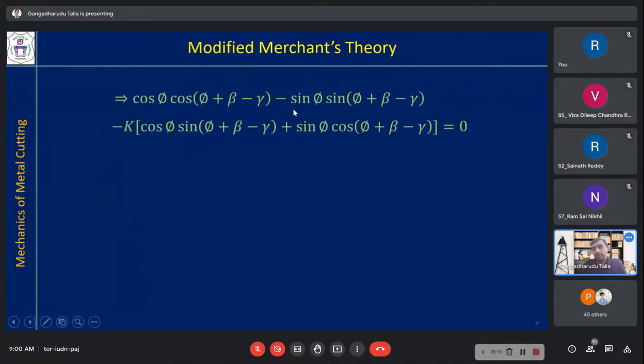Then for this one, it was cos earlier, cos(phi plus beta minus gamma), if you differentiate that, it will become minus sin. So minus has come here. So sin phi this. Differentiation, all of you are very well aware. Then minus of this quantity.